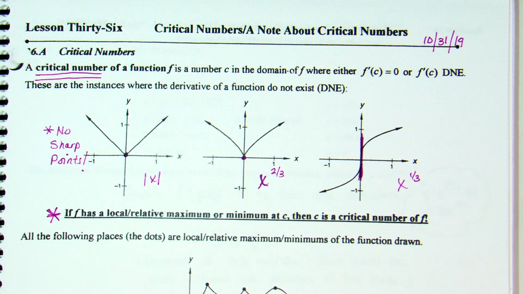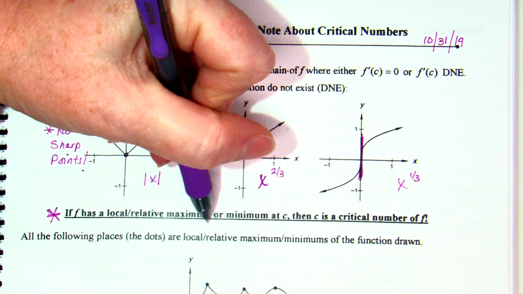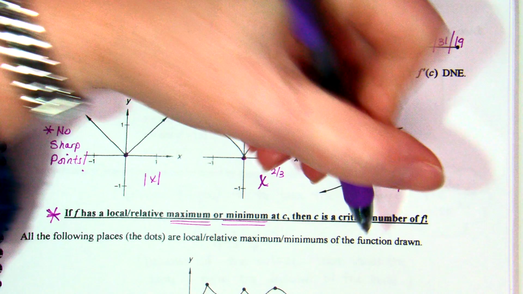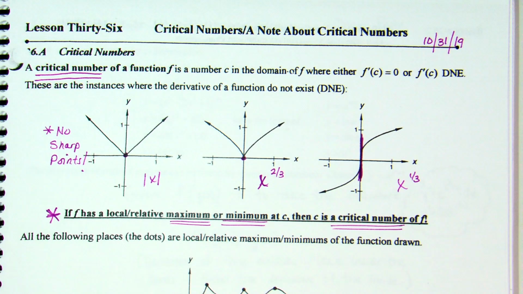It's going to be horizontal. And the slope of a horizontal line is 0. So a vertical line is undefined, a horizontal line is 0. Anytime you have a max or a min, those are going to be critical numbers.